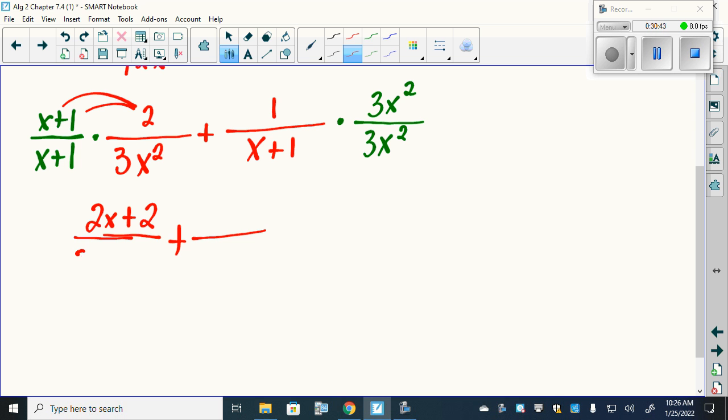The denominator is going to be 3x squared times x plus 1, because again, we don't want to multiply those together. If there is a common factor, either as a set of parentheses or a constant term or a variable, we need it factored down. We could multiply it together, but then we'd have to factor it right back out. Now for the other one, 1 times 3x squared is 3x squared over 3x squared times x plus 1.